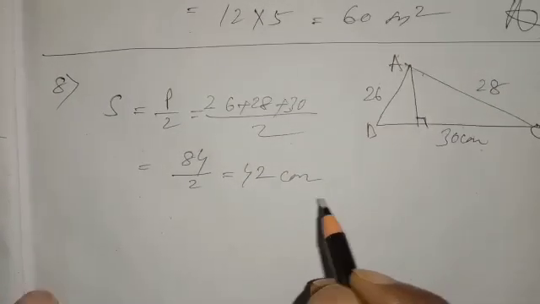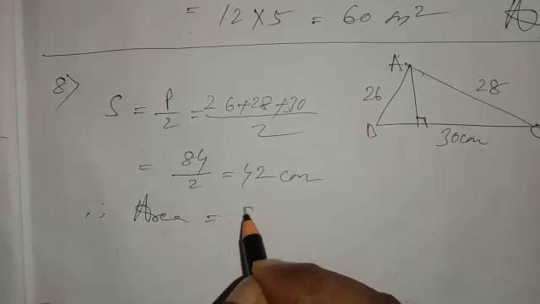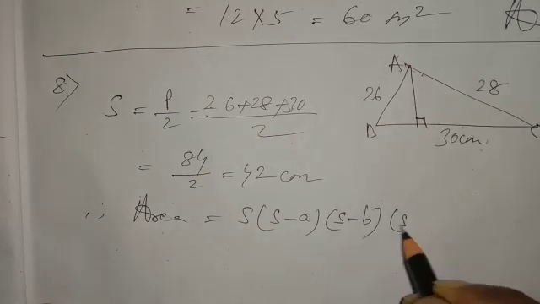After finding the semi perimeter, the area is equal to root of S into S minus a, S minus b, S minus c.